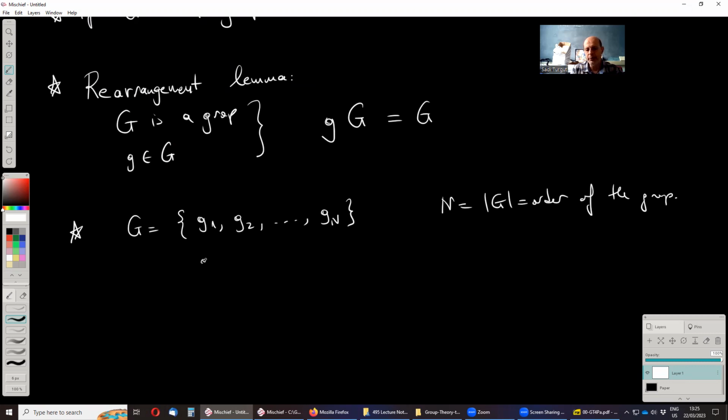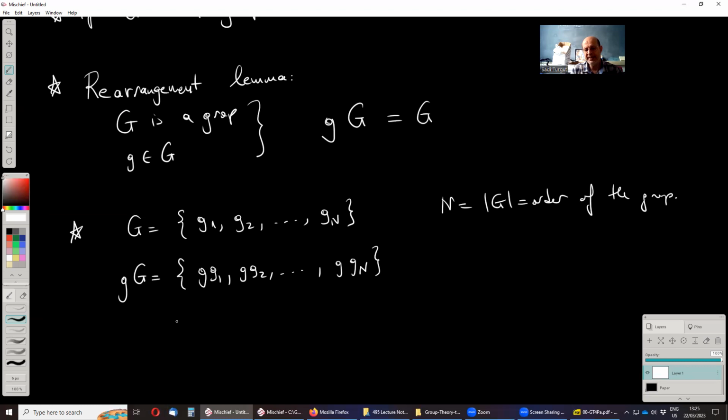Sometimes people choose this one. The first one is the identity, for example. But that's not really important, right? So the element g is one of these, but that's also not important. It can be any one. So what happens is that if I multiply g with all elements of the group, then I'm going to get g g1 in here, g g2 in here, obviously by the definition, right?